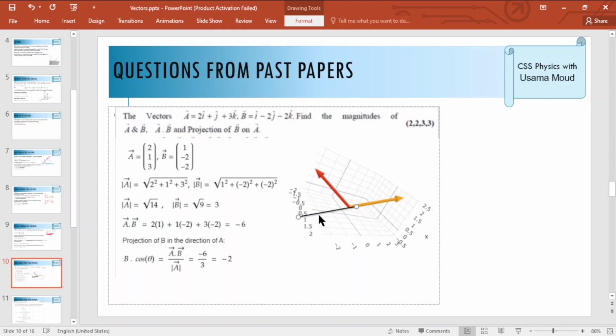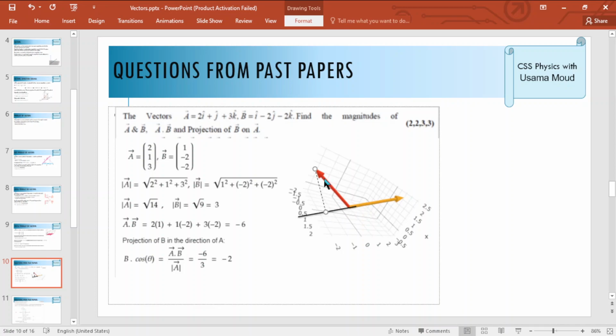This is vector A, and now let's draw another line. If we draw a perpendicular line from there, this is the projection of B in the direction of A. See this one. This is vector B, and this is the projection of B in the direction of A.